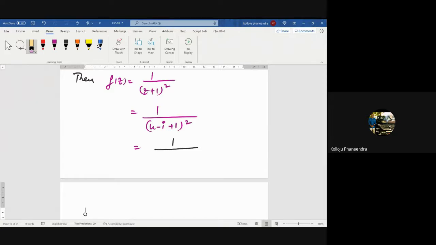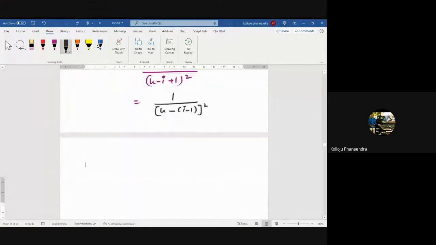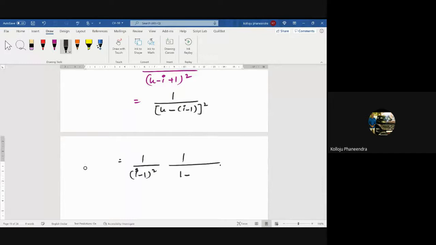I will write like this, u minus i minus 1, whole square. Right? Done. So I will take this one, i minus 1 is common. Outside it becomes whole square. So 1 by 1 minus u by i minus 1, whole square.